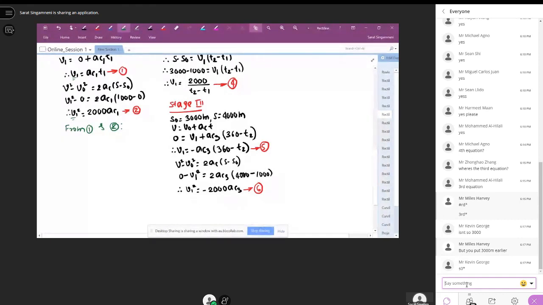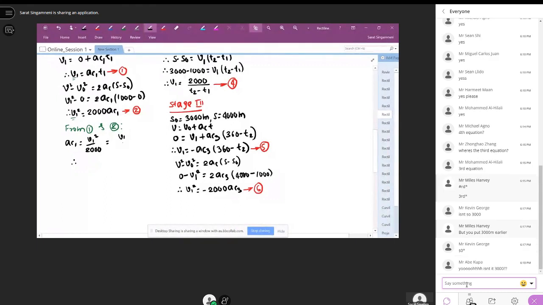So if you square the AC1 is equal to V1 squared over 2000 from equation 2, and V1 is also equal to V1 over T1 from equation 1.